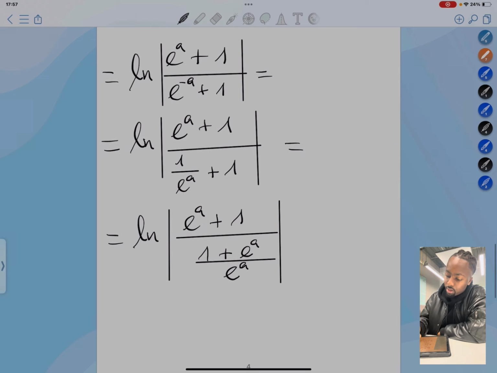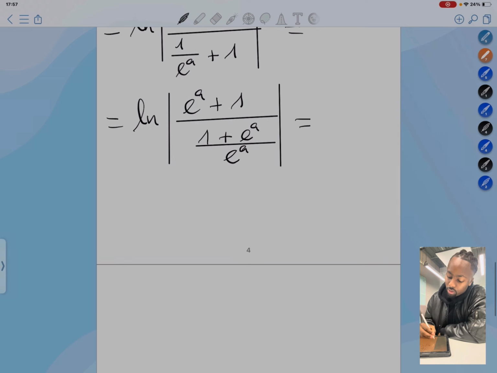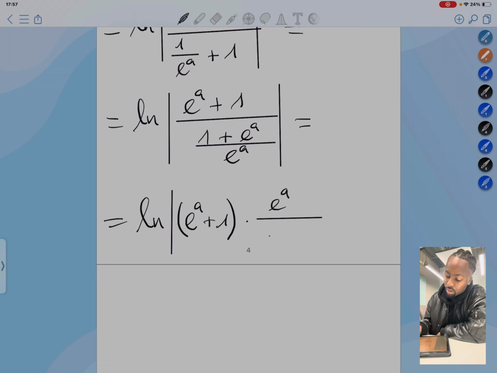This one divided by this is basically multiplying by the reciprocal, so we flip it. This gives me the natural log of e to the power a plus 1 times e to the power a over 1 plus e to the power a.